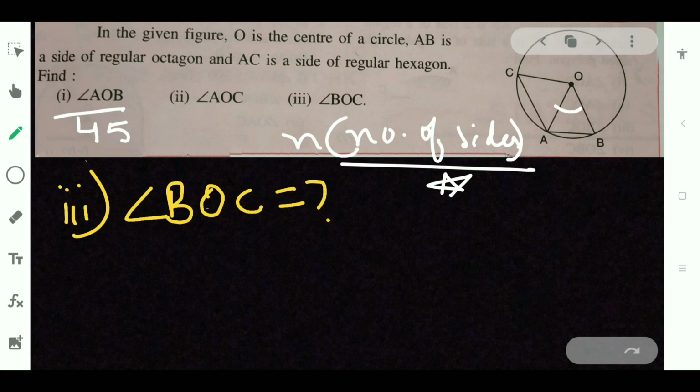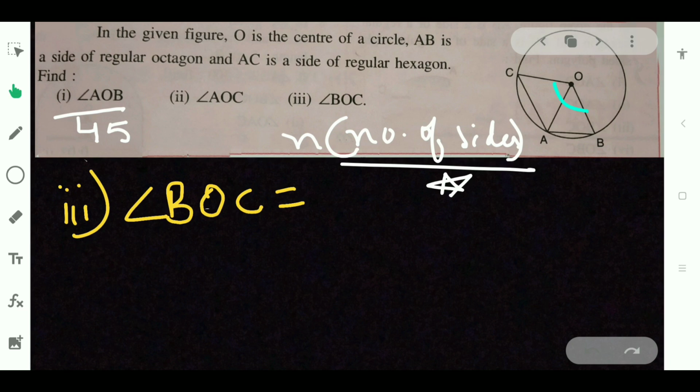You can see from the figure, this angle is 45 and this angle AOC is 60 degrees. Now from the figure, angle BOC means this whole angle you can see over here. This whole angle is BOC.